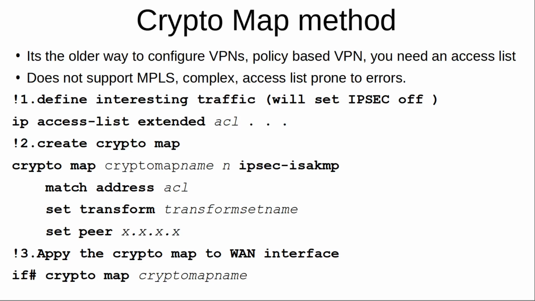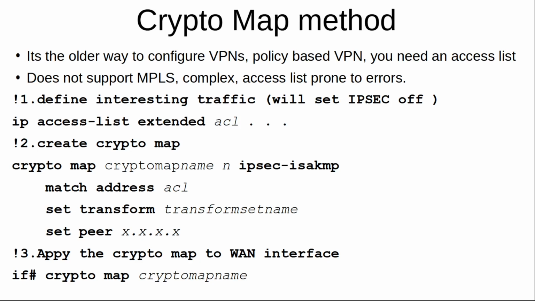And in order to configure this, you first have to define what is known as interesting traffic with an access list. The traffic that travels across an interface will be examined by the router, and if it sees interesting traffic there, it will set IPsec off.